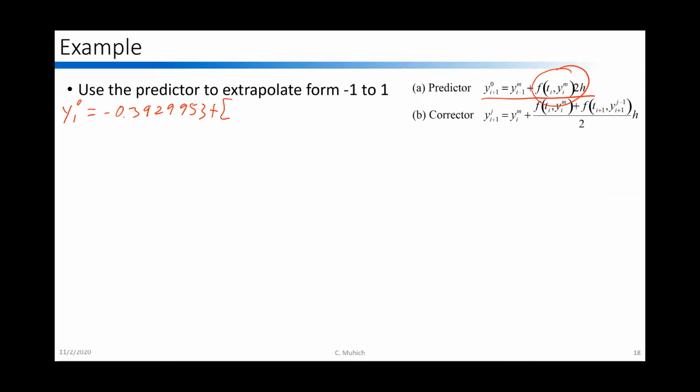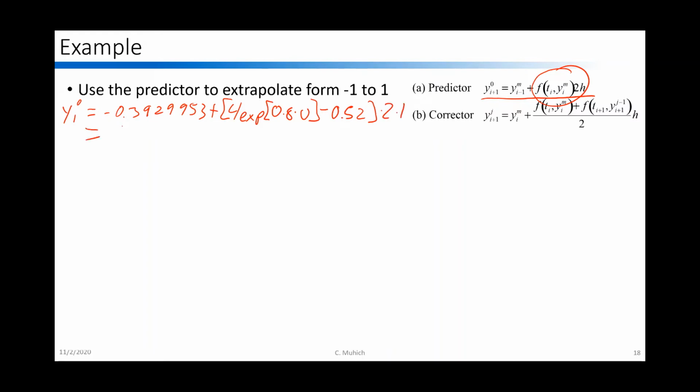So that's 4 exp to the 0.8 times my current t, which is 0, minus 0.5 times my current y, which is 2, times 2h, so 2 times 1.